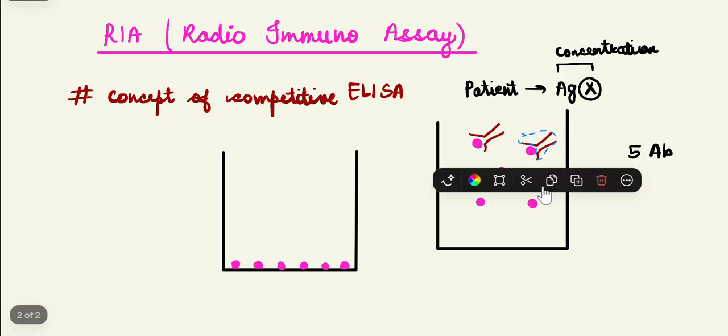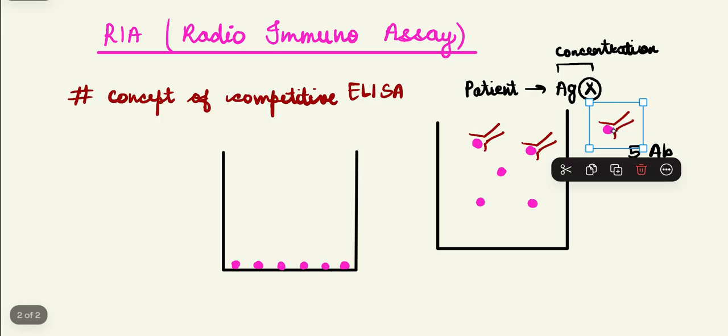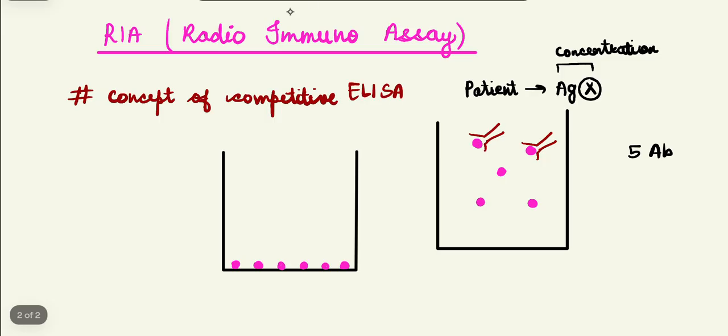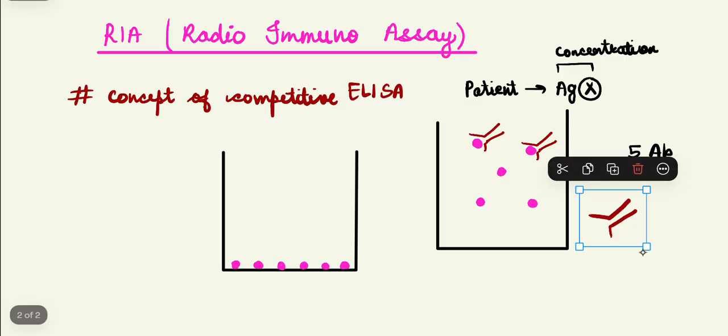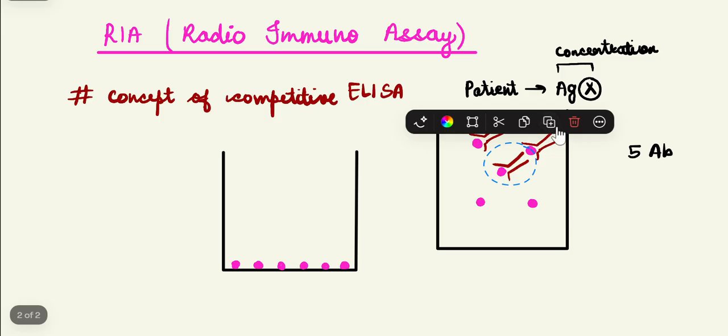So see, this was my antibody. If the concentration of that antibody was very similar to that of antigen, what could have happened? All the antibodies which were introduced into the serum will now bind to the patient's antigen.